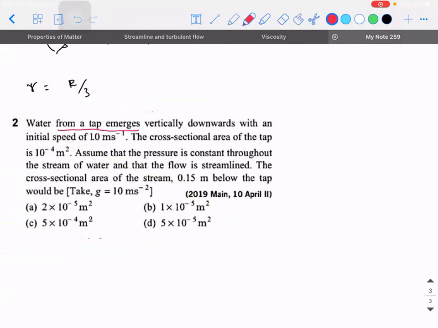So water from a tap emerges vertically downwards with an initial speed of 10 meter per second. Let's say v1 is 10 meter per second. The cross-sectional area of the tap is 10 power minus 4 meters square. Assume that the pressure is constant throughout the stream of water and the flow is streamlined. The cross-sectional area of the stream, which is 0.15 meter below the tap, would be how much?